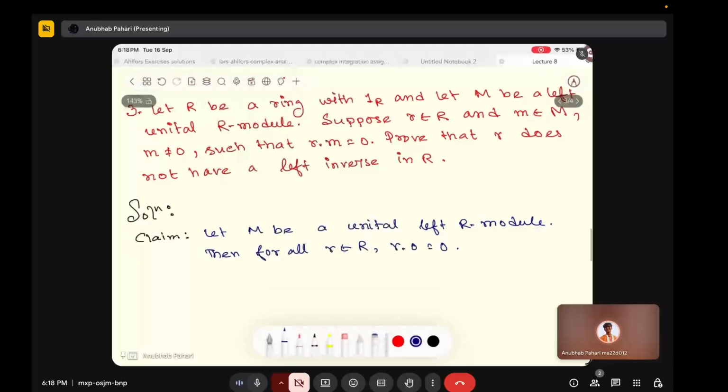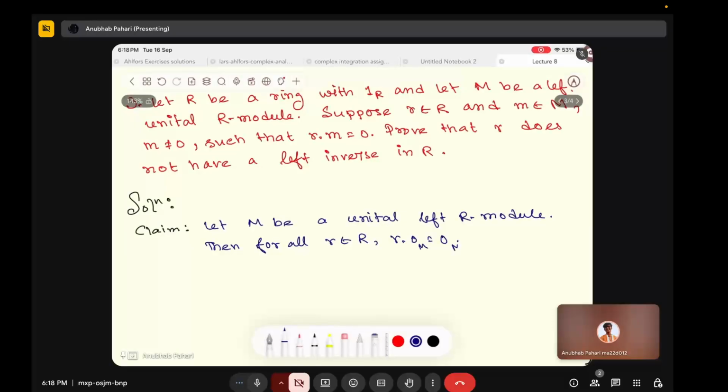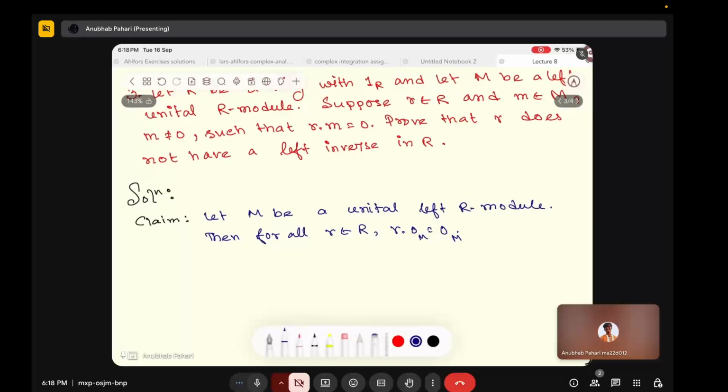But this is straightforward, right? If you still want to prove this, note that this 0 element is from M. So proof: r dot 0 plus r dot m equals r dot (0 plus m) equals r dot m.